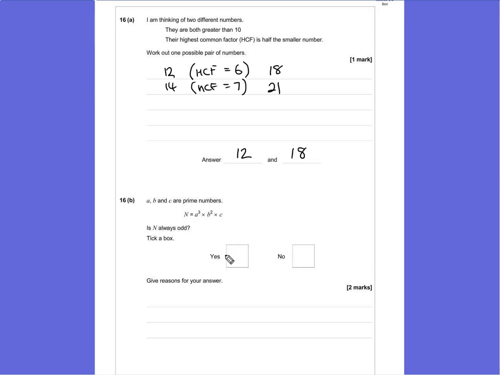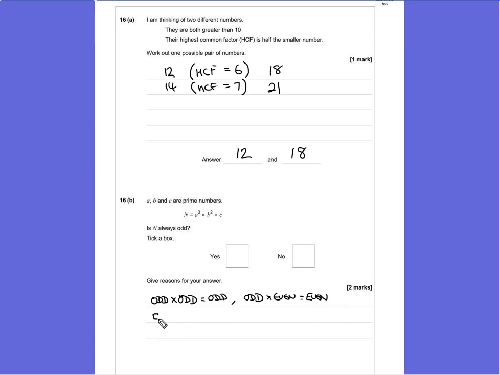If we multiplied 2 odd numbers together, for example 3 multiplied by 3, we'd end up with an odd answer, 9. If we multiplied an odd by an even number, we'd actually end up with an even value. 3 times 2, for example, would give you 6, so that's going to be even.